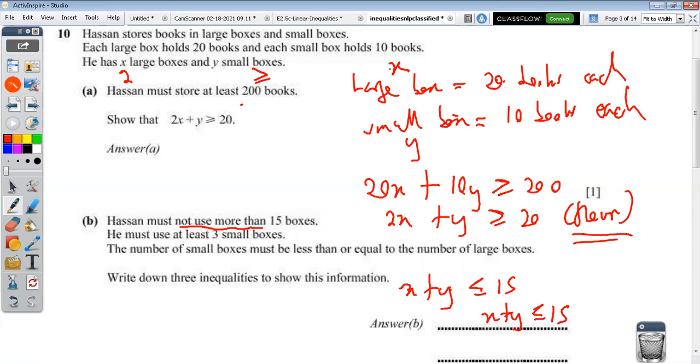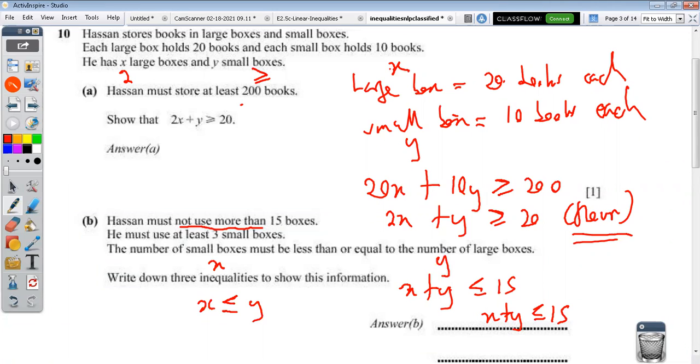Making sense now. Now, the next part. The number of small boxes must be less than or equal to the number of large boxes. So the number of small boxes, which is x, must be less than or equal to y.